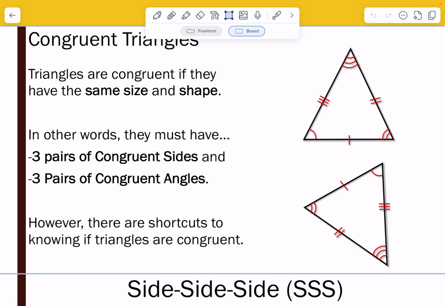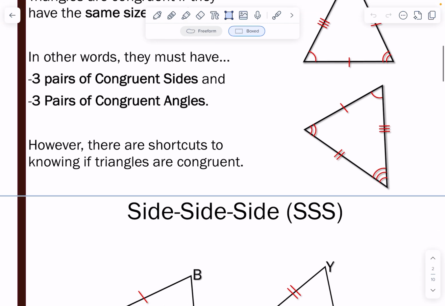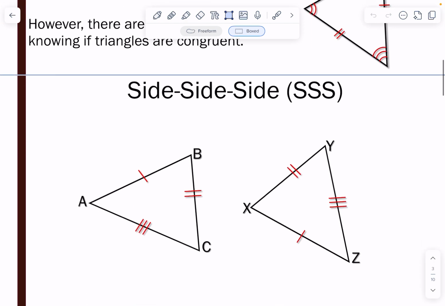However, there are some shortcuts that we know will also work for knowing if triangles are congruent. We're going to be learning 4 of them over the next 2 days. So today we're going to learn the first 2. The first one is side, side, side.